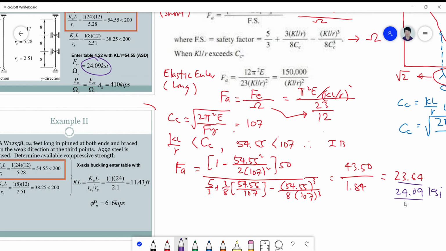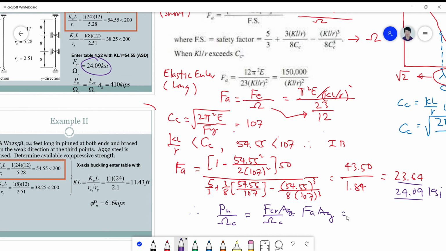So this is the comparison, and therefore your nominal capacity divided by the factor of safety will simply be equivalent to your FCR over the factor of safety, or simply FA times AG.